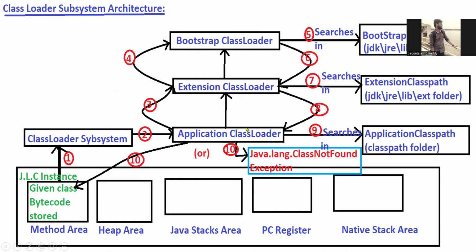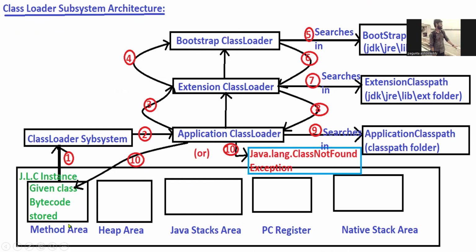These three class loaders check whether the class file is available in their class paths. If it is not available in these class paths, you will get the java.lang.ClassNotFoundException. If it is available in any class path, then it is loaded into the method area.